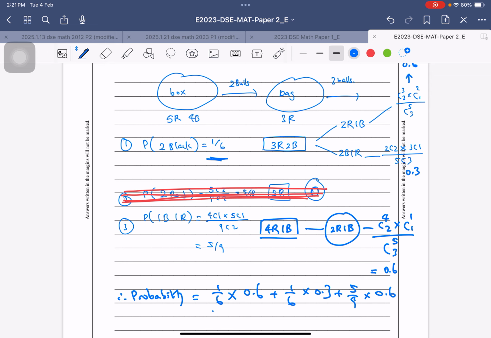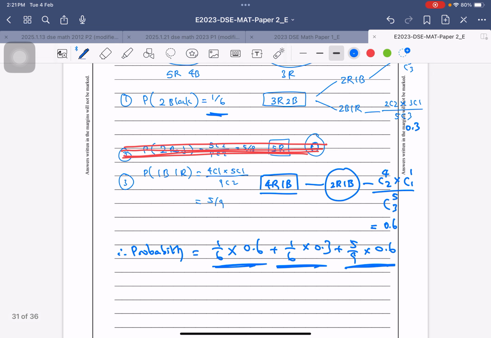Okay? The first case, the second case, the third case. So the answer is equal to 29 over 60.